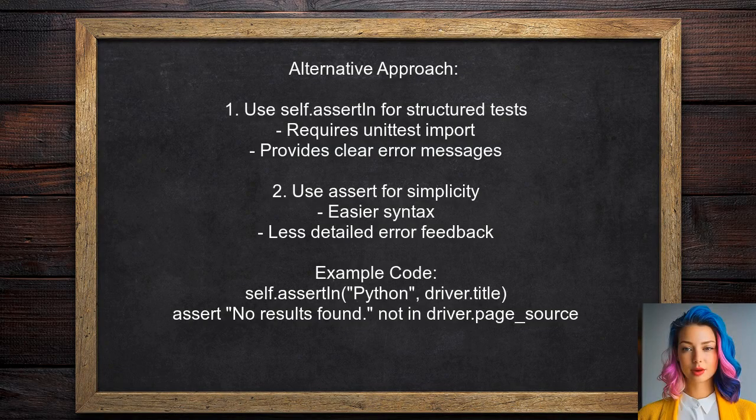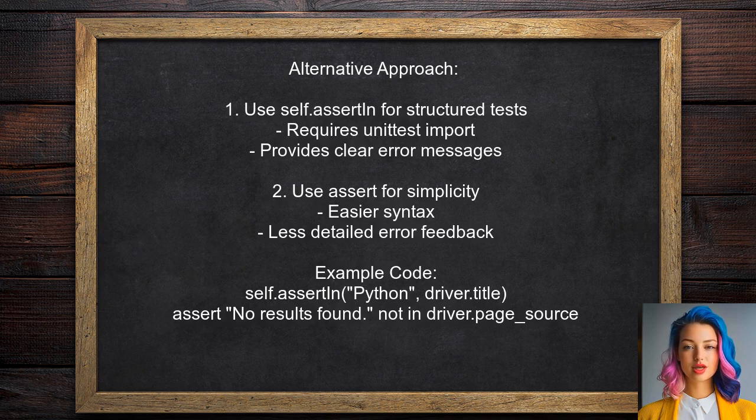This user suggests that when deciding between self.assertIn and assert in your Selenium tests, consider the context of your assertions. They explain that self.assertIn requires importing the unittest library and is useful for structured test classes, providing clear error messages when tests fail.